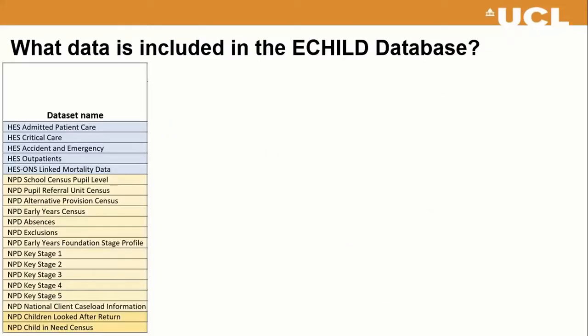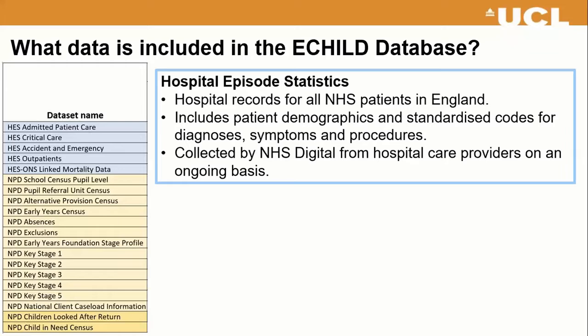The ECHILD database is not just one linked dataset, but a group of complex administrative datasets collected by hospitals and schools. In particular, the HES database includes hospital records for all NHS patients in England, including patient demographics and standardized codes for diagnoses, symptoms, and procedures.